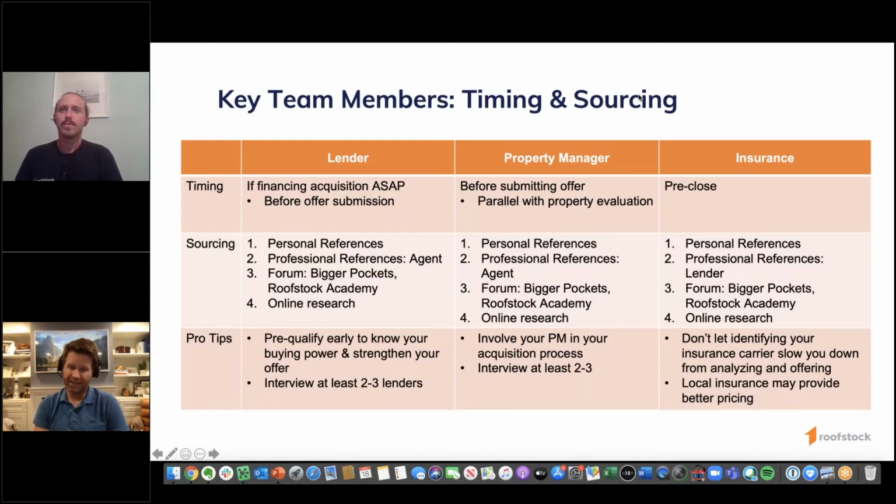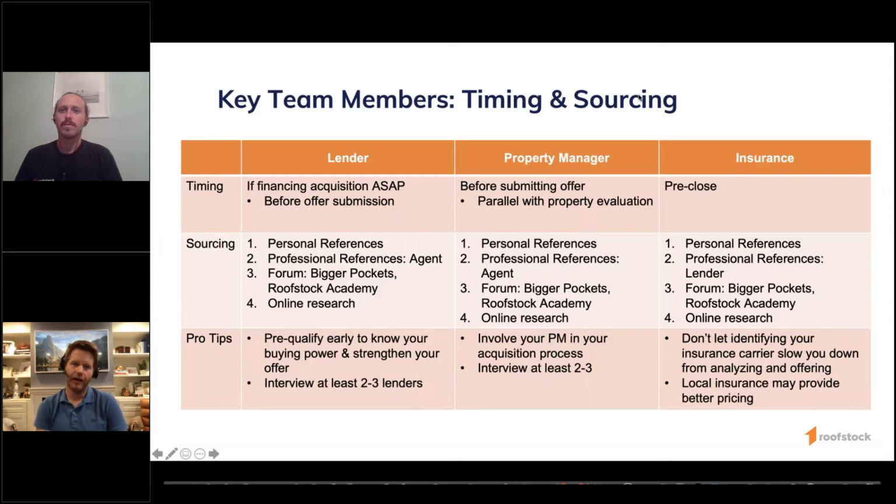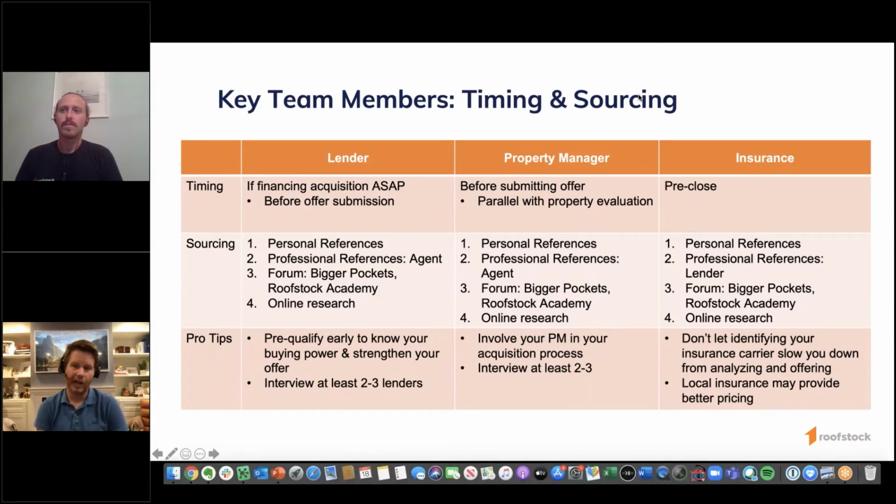As far as sourcing, that same sort of hierarchy. Personal references at the top of the hierarchy, then professional references. Your agent is going to be a good example. Whenever Roofstock opens a market, they do an evaluation of all the different property managers in that area, and they'll list the top ones.